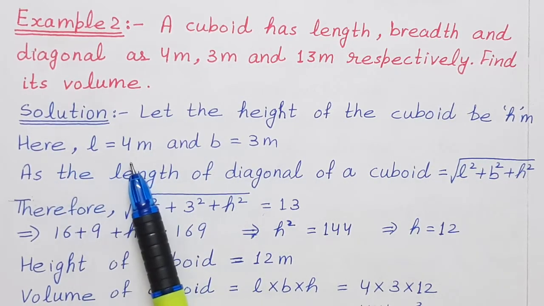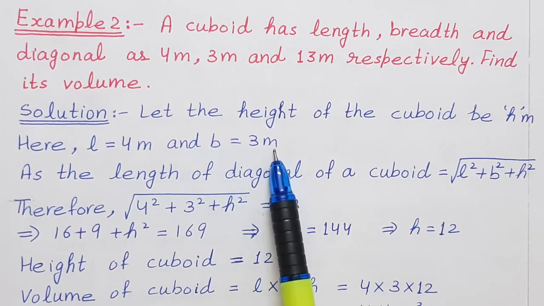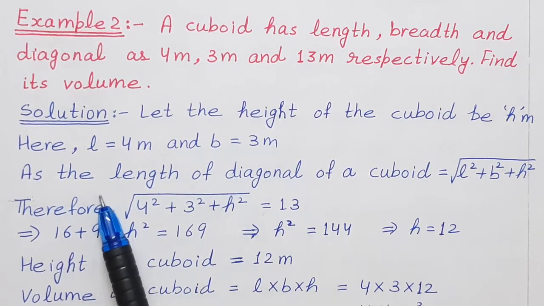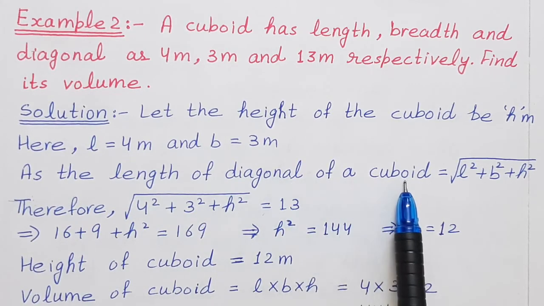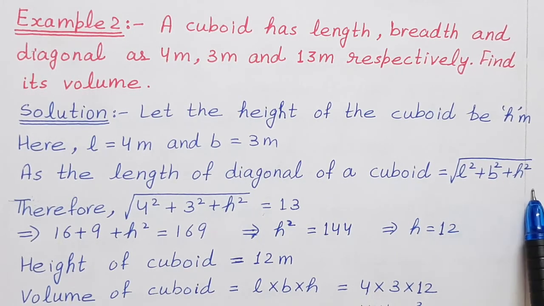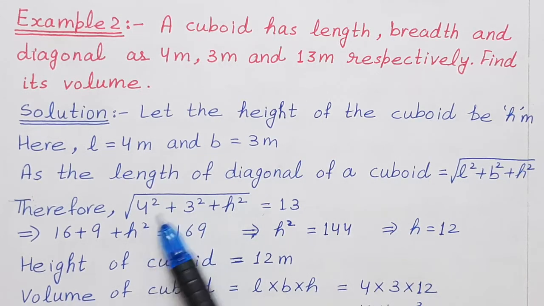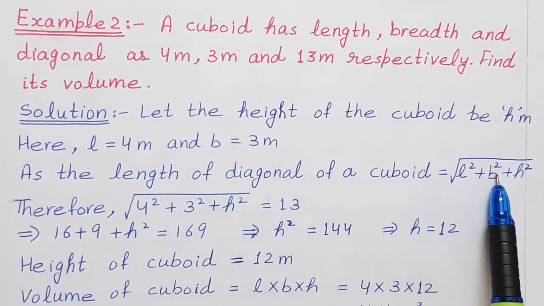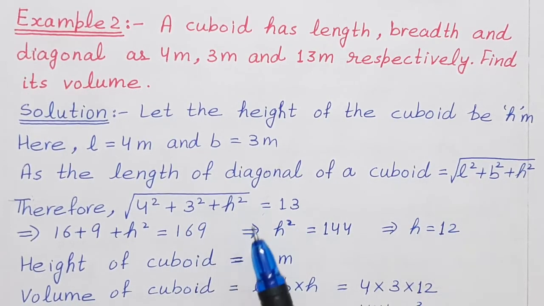And length is 4 meter, breadth is 3 meter. As the length of the diagonal of a cuboid is under root L square plus B square plus H square, L square is 4 square, B square is 3 square and H will remain H only.